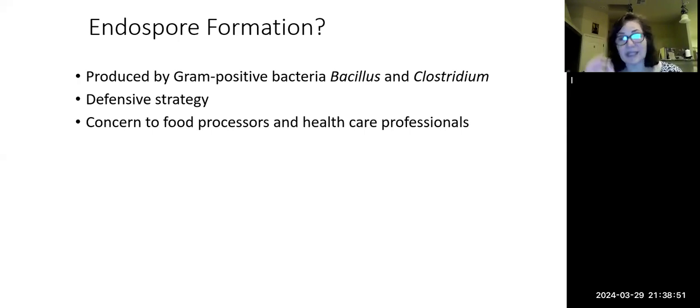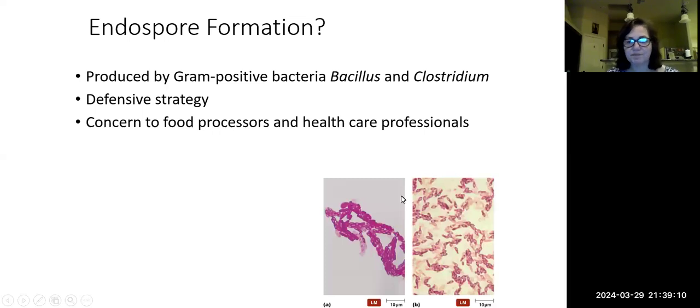But if they didn't boil it quite long enough, the Clostridium botulinum could get in there and could cause problems months later when people ate that food. For healthcare professionals, it's Clostridium difficile that's the biggest problem. And yeah, I'm going to show you pictures. It doesn't matter. The point is that they can survive really, really inhospitable conditions. So it's very hard to get rid of them.